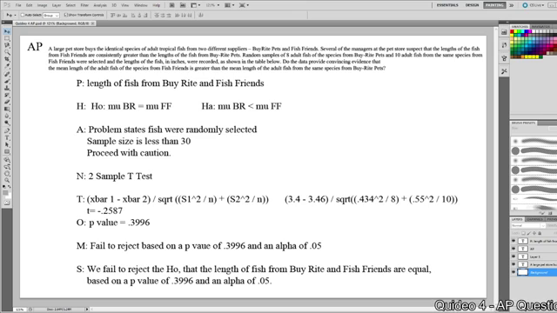So for the t-test, we need to do x bar 1 minus x bar 2 divided by the square root of the standard deviation of the first group, which is Byrite's fish, squared, divided by the sample size, added to the standard deviation of Fish Friends squared, divided by that sample size.